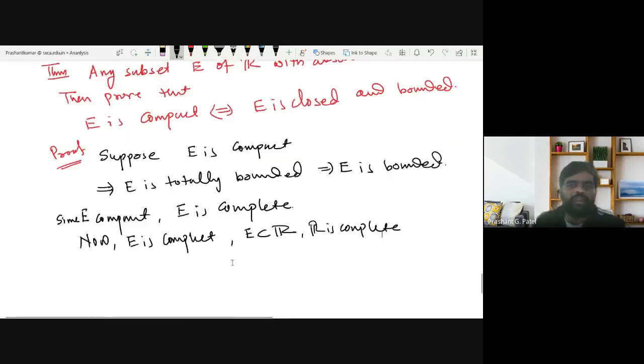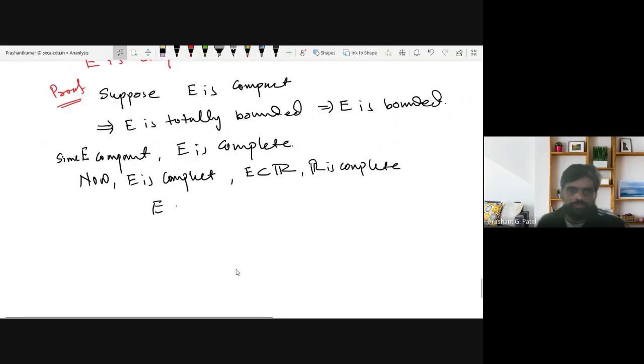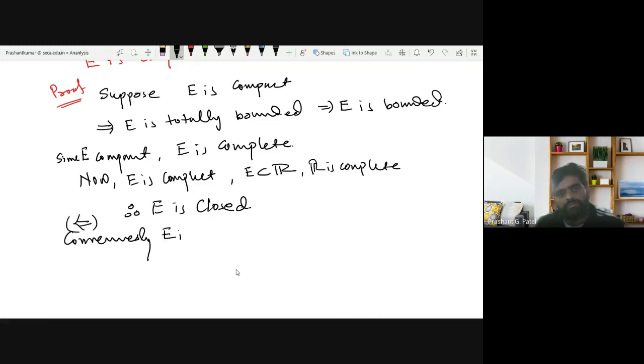So therefore E is closed. So any compact set is bounded plus closed. Now the converse: E is closed plus bounded. Can we say it is compact?